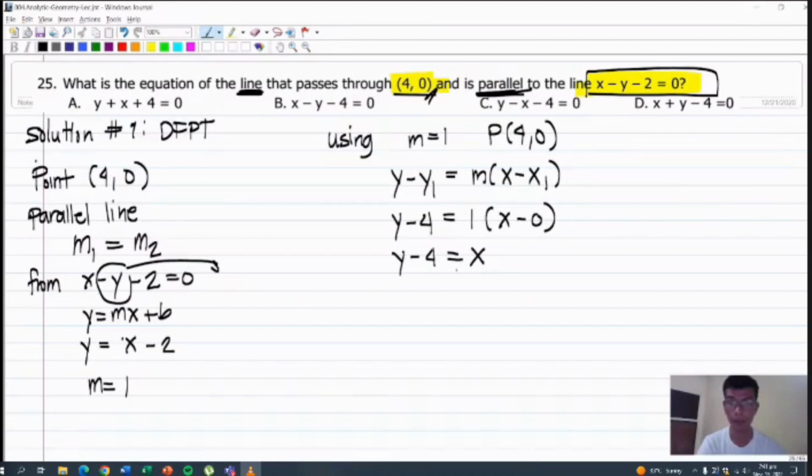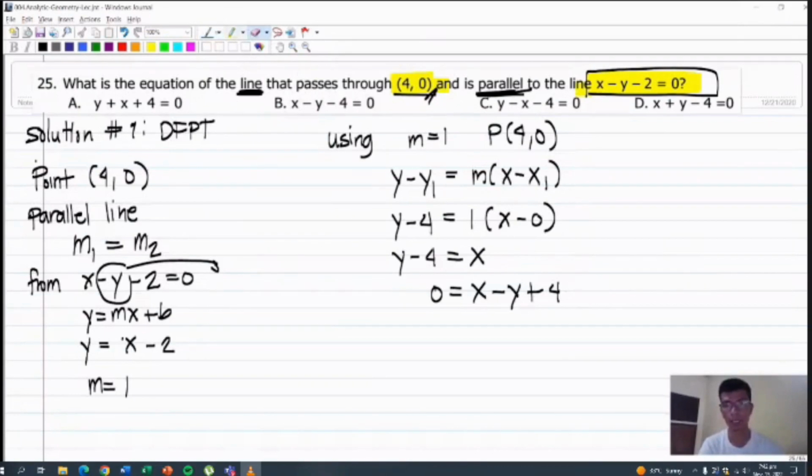Tingnan natin na lang kung sino yung magiging kamukha. Kasi merong positive si y, pero hindi naman positive si x. So, try muna natin na positive si x and naka-equate to 0. Lipat natin lahat sa right side. So, x minus y plus 4 is equal to 0.